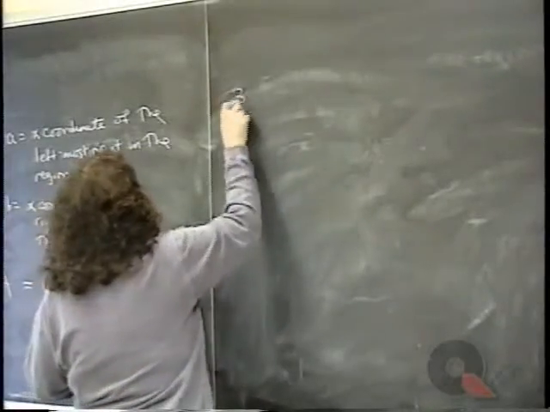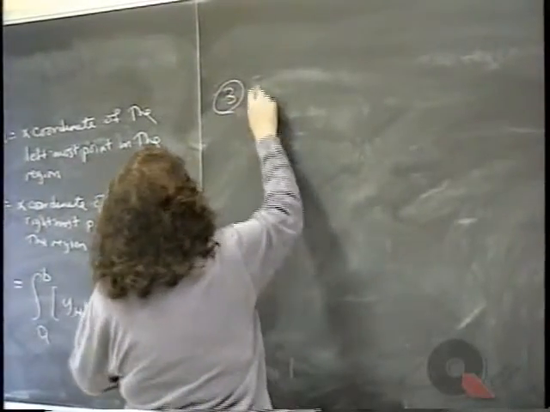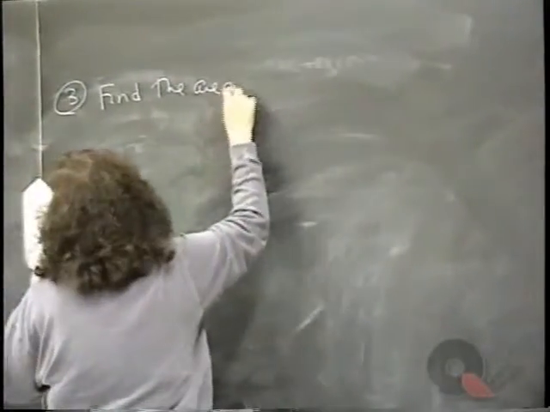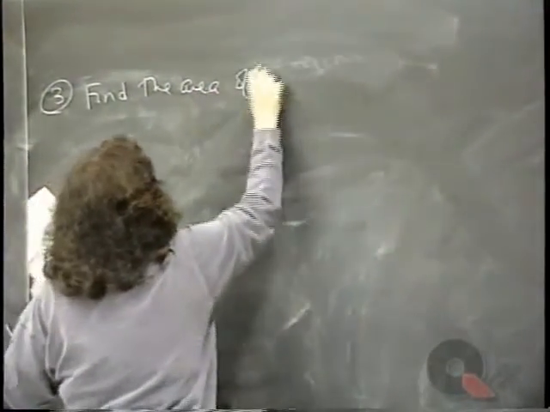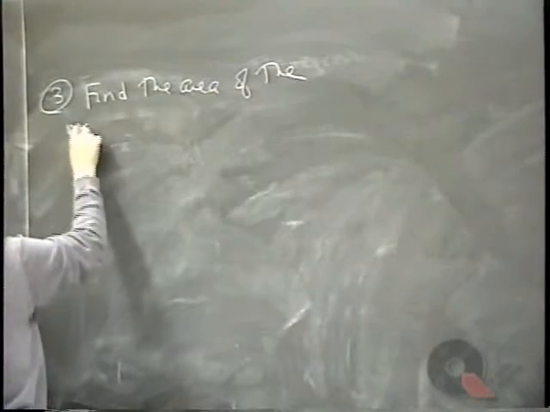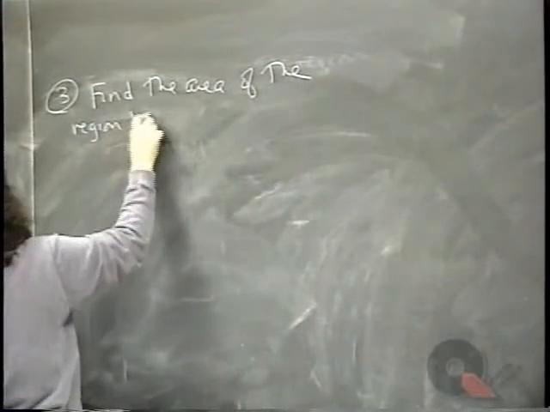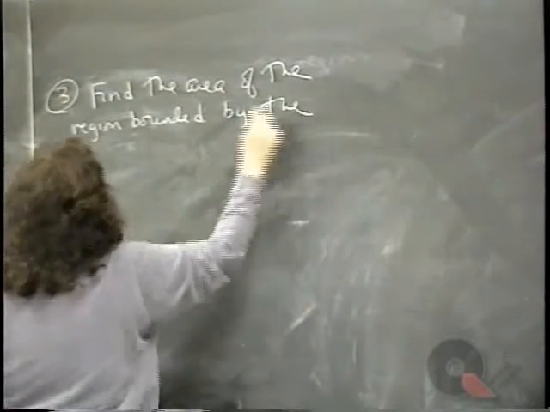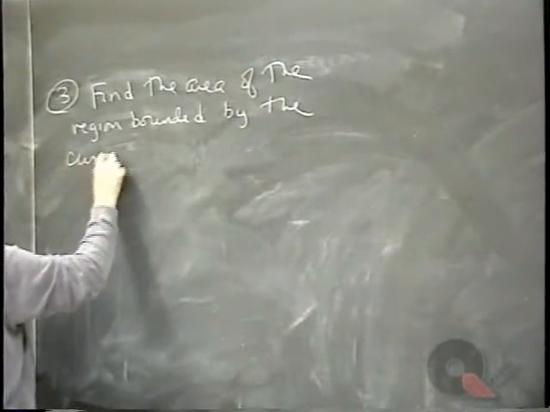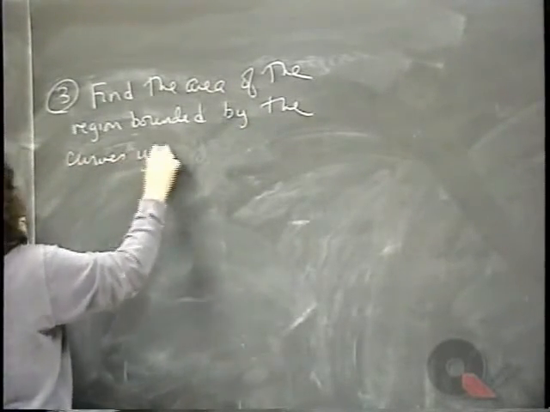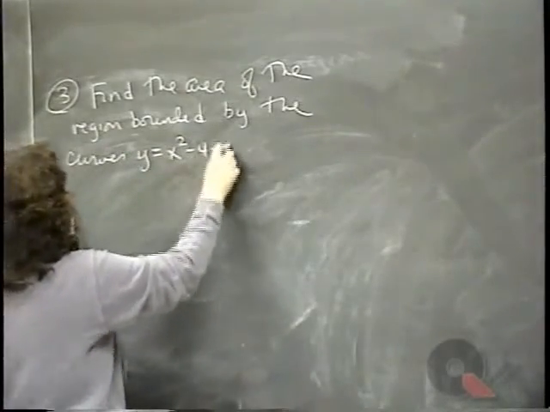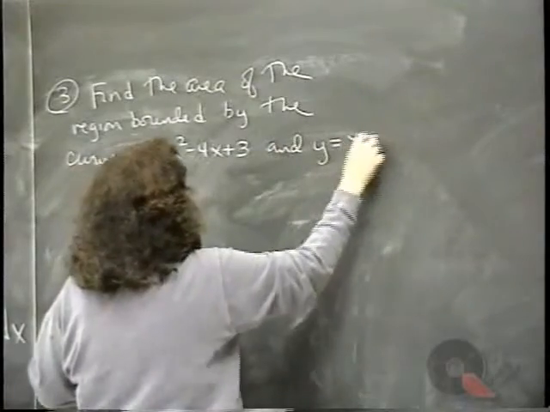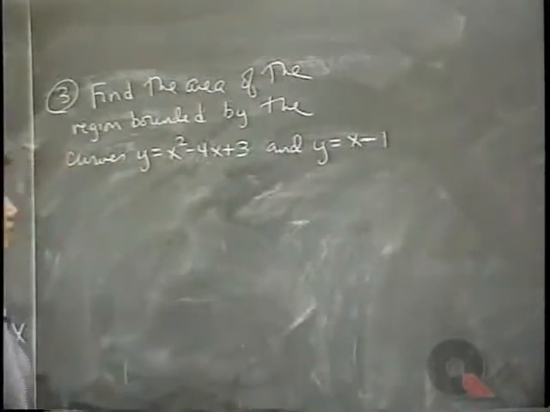For our third example, let's try the following. Find the area of the region bounded by the curves y equals x squared minus 4x plus 3 and y equals x minus 1.